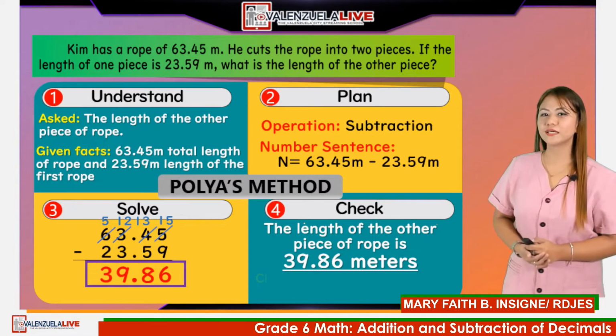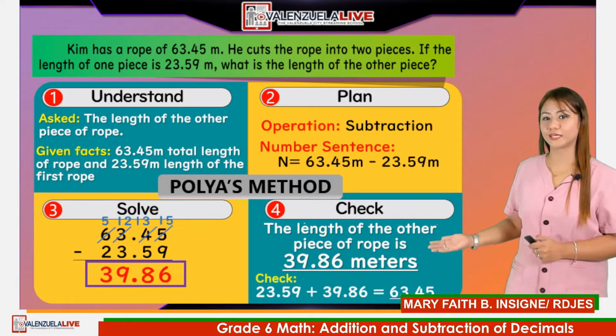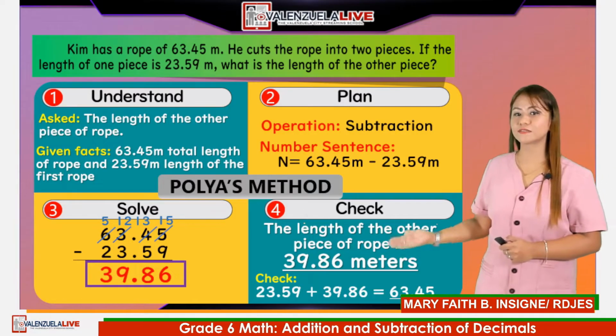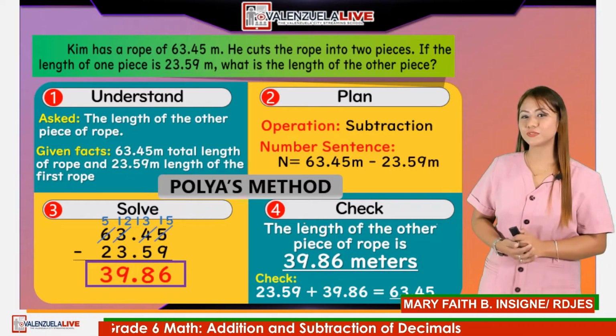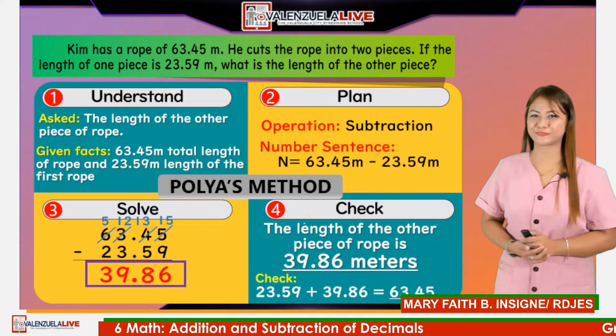In checking, since the sum of the subtrahend and the difference is equal to the minuend, the difference of the two numbers is correct.